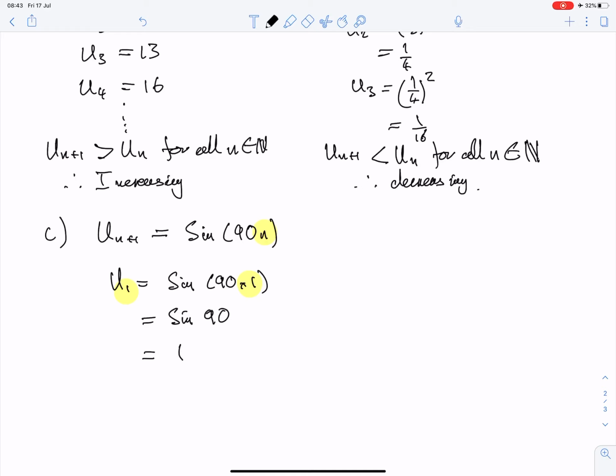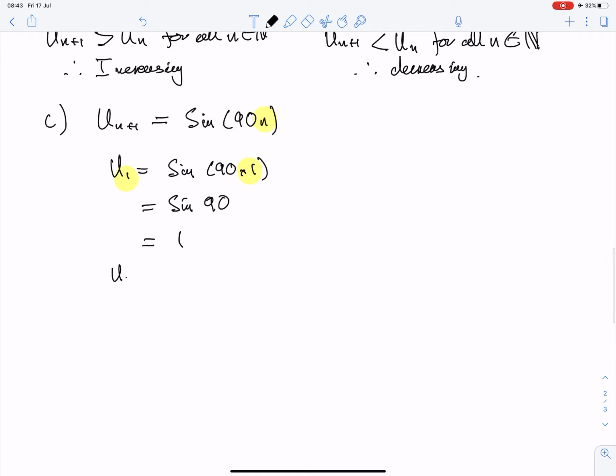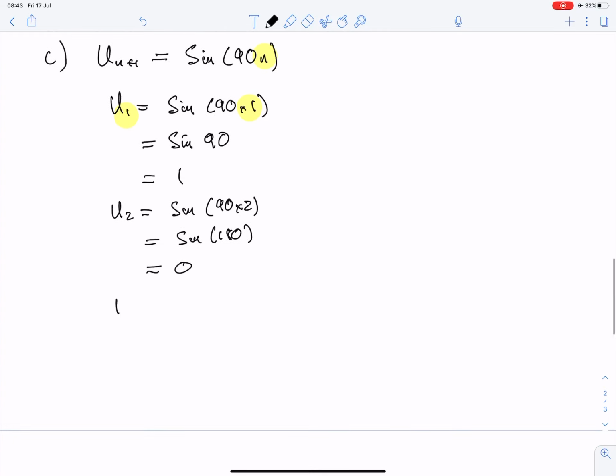You should probably already know what's going to happen with this from your knowledge of the sine graph. u2 then is equal to sine of 90 times 2, which is sine of 180, which equals 0. u3 is sine of 90 times 3, sine of 270, which equals minus 1.